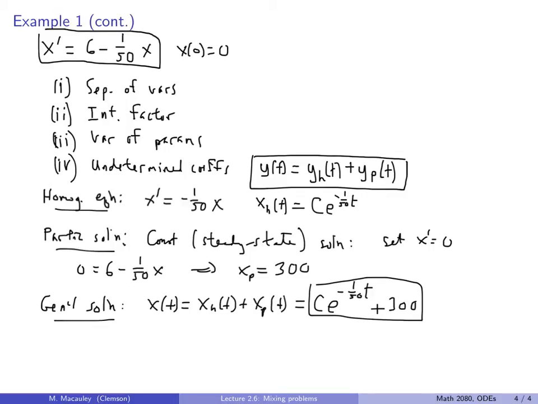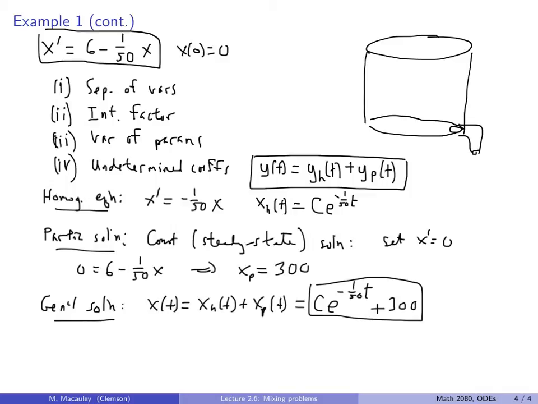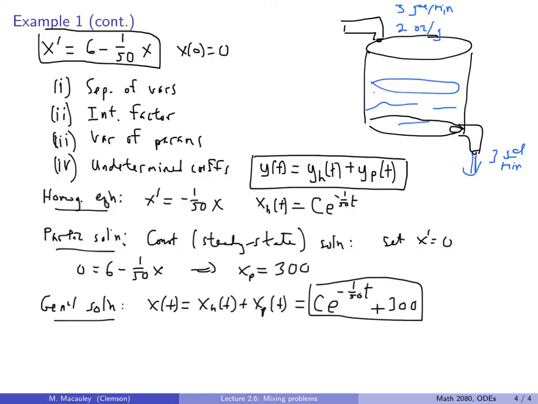And let's pause now to draw a picture of the tank and see what that represents. So recall we had that tank. We had a pipe coming in, pipe coming out. So we had water in here. We had water coming out at 3 gallons a minute. We had water coming in at 3 gallons per minute, and 2 ounces of salt per gallon.